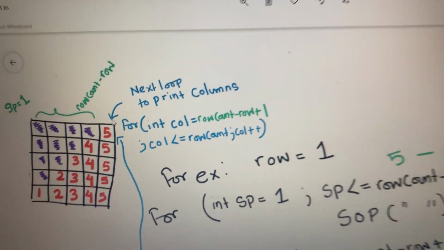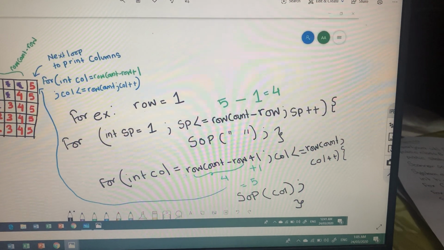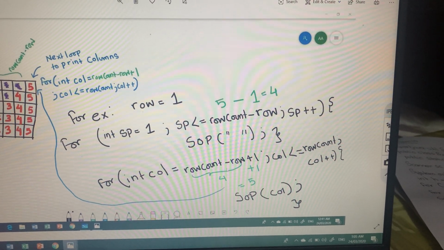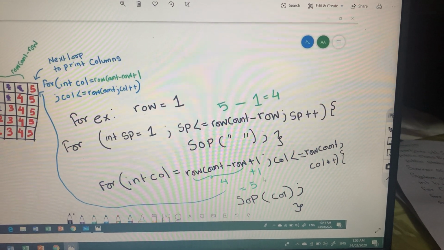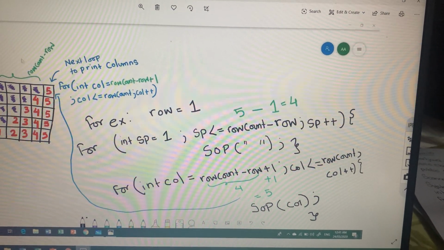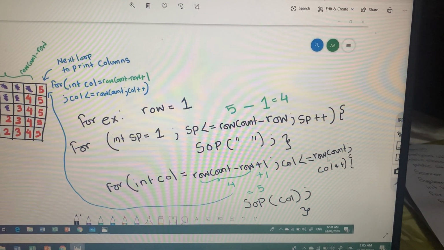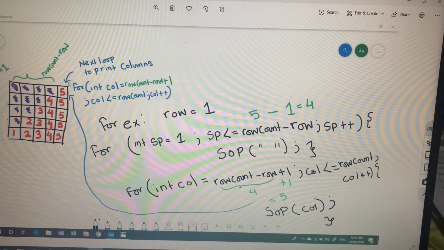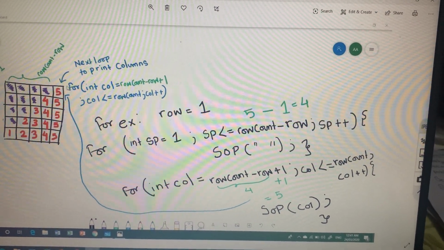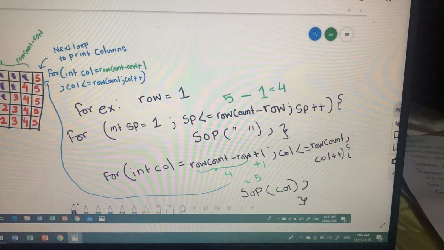Next, the column will start from row count minus row, which was 4, plus 1, which is 5. So the column will start from this box and go till row count. Here the column and row count are equal in the first row, so it will print just one number, which is 5. So here, System.out.print column.